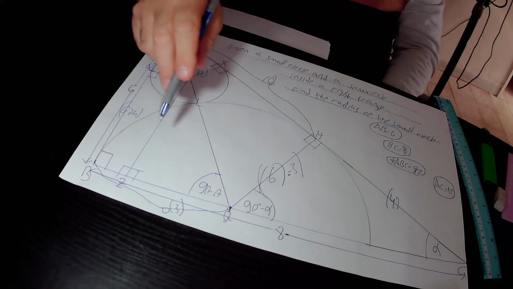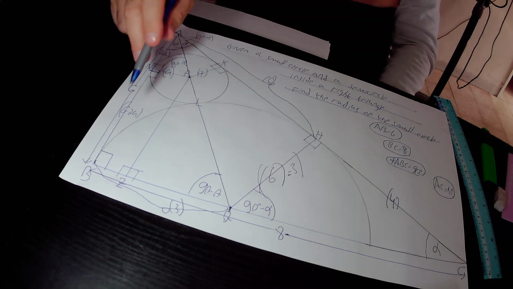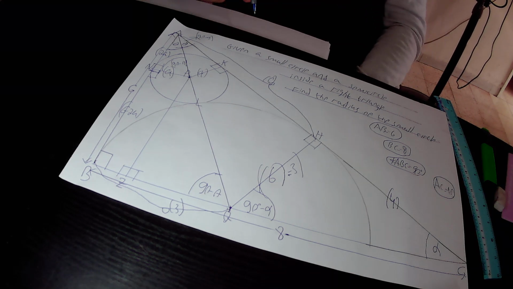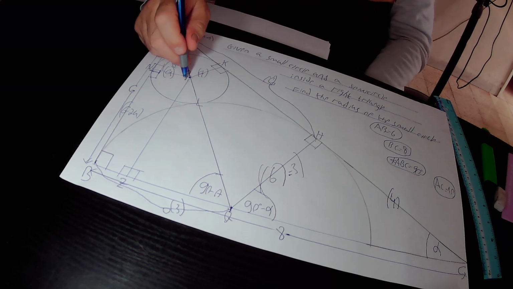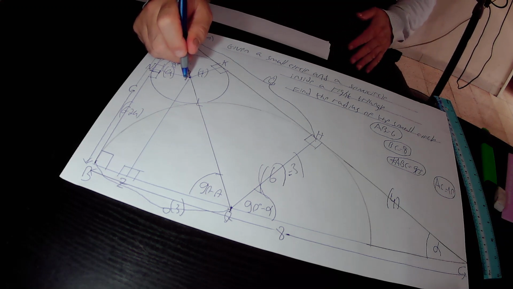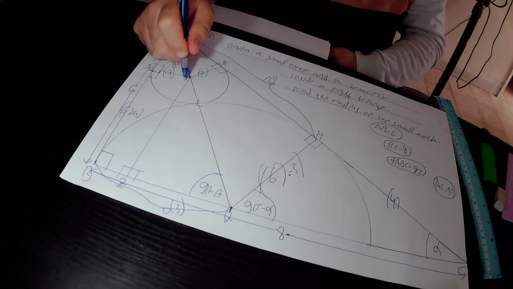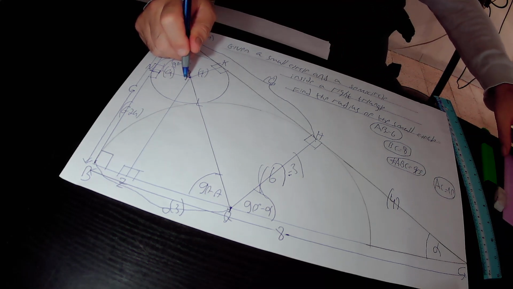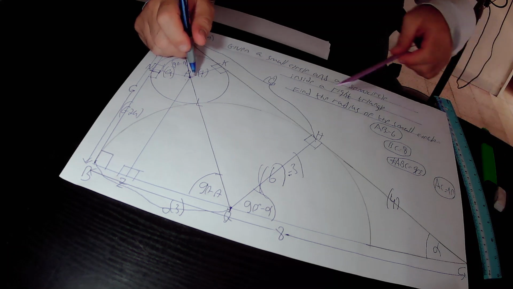Inside quadrilateral NPBZ, we have 1, 2, 3 right angles. The sum of 3 right angles is 270 degrees, so 270 degrees plus the size of this fourth missing angle in total must be equal to 360 degrees, according to the rule that the sum of the angles in any quadrilateral is 360 degrees. Therefore, this fourth missing angle must be 90 degrees.